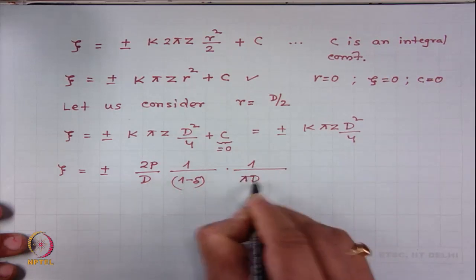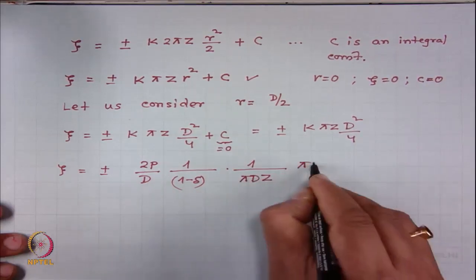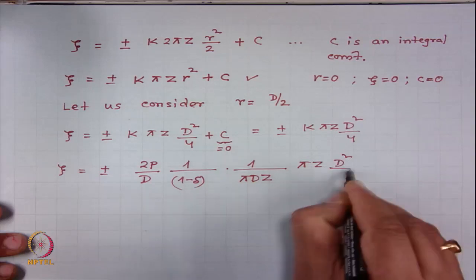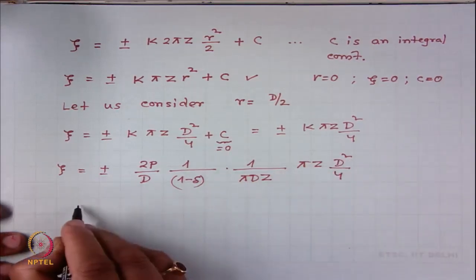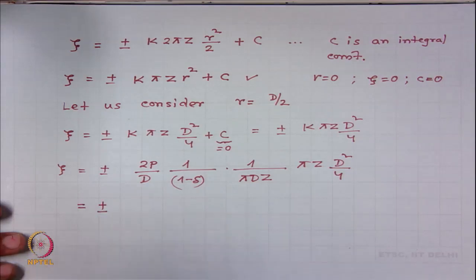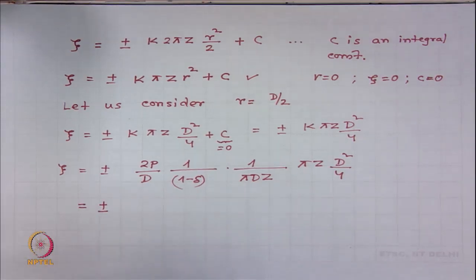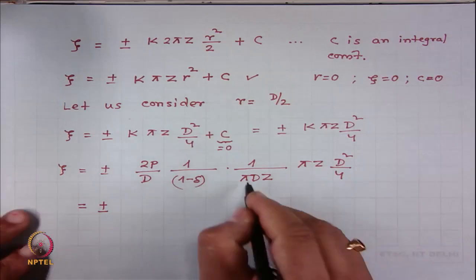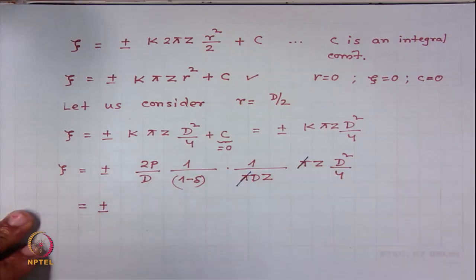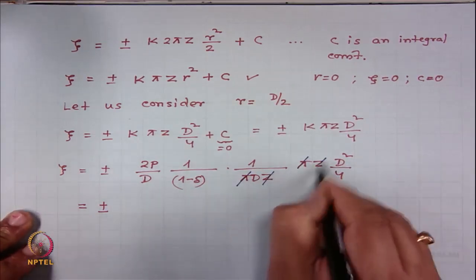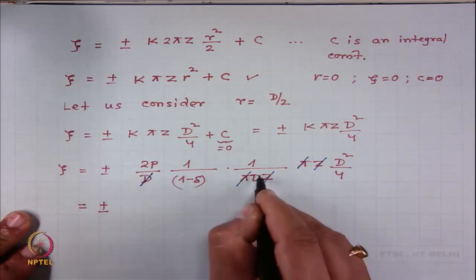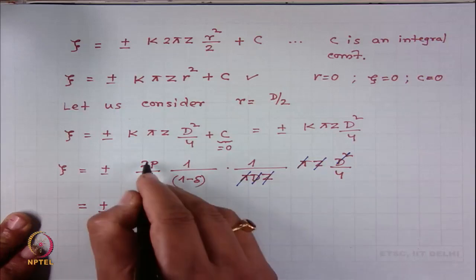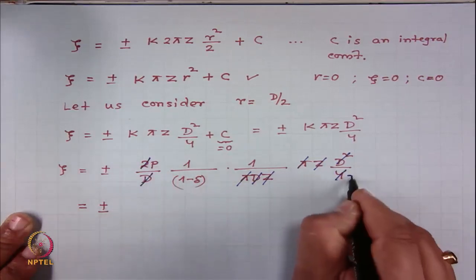Tangent of beta d is pi d z, so into pi z d square by 4. Now, this pi cancels out, z cancels out, and d and d square cancel out.